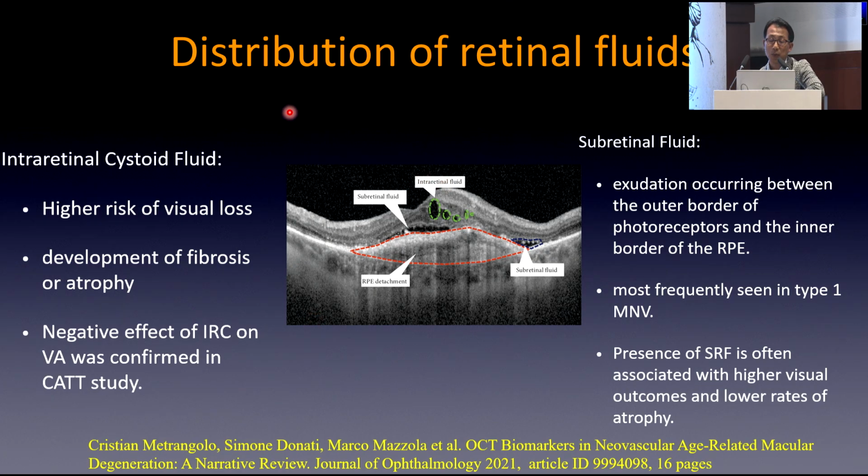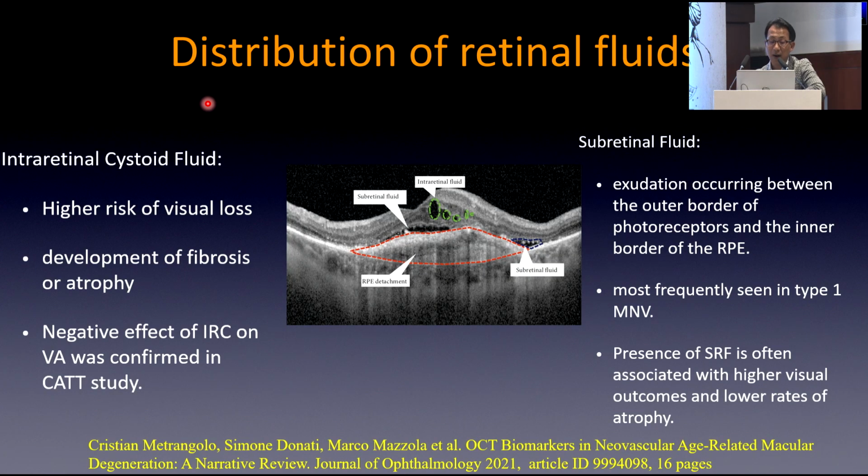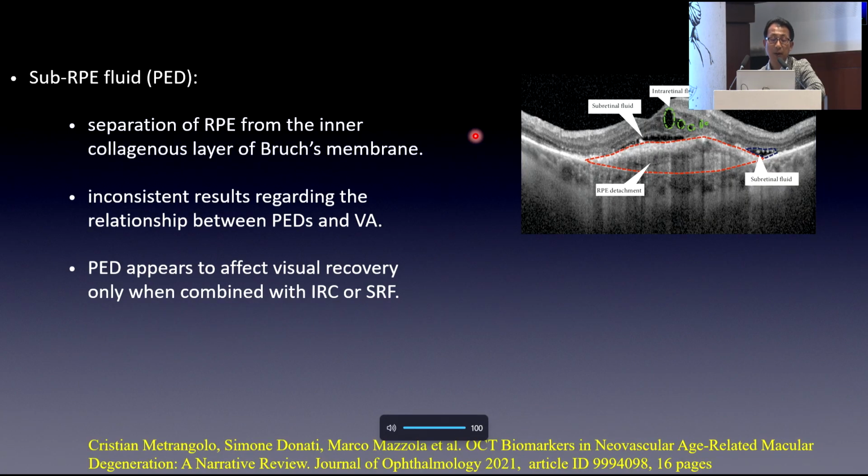OCT biomarkers in neovascular AMD can be divided into distribution of retinal fluid and structural arrangement. In the distribution of retinal fluid, we have intraretinal cystoid fluid, subretinal fluid, and sub-RPE fluid.